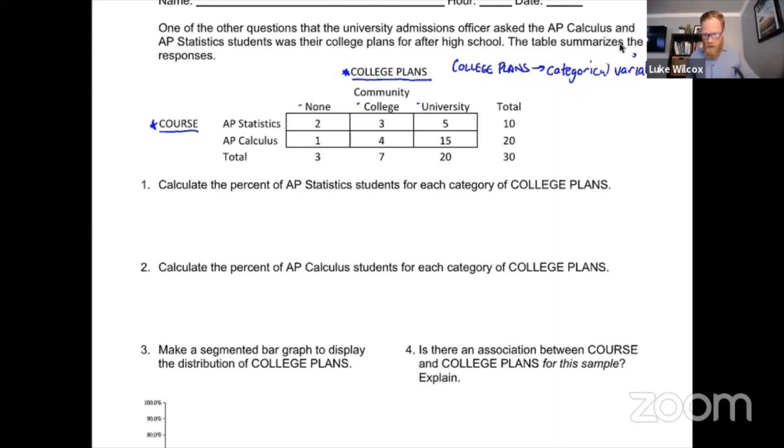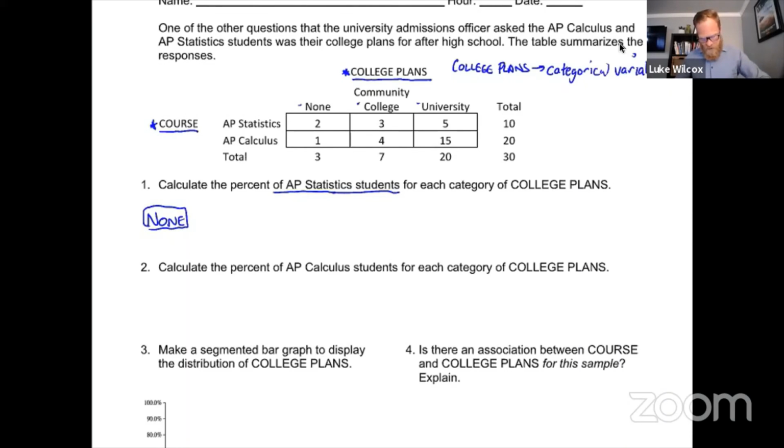So here we go. Number one says calculate the percent of AP statistics students for each category of the college plans. Okay, we got three different categories. So let's start with the category of none. And very important here, we're only looking at the AP statistics students in order to calculate this percent.